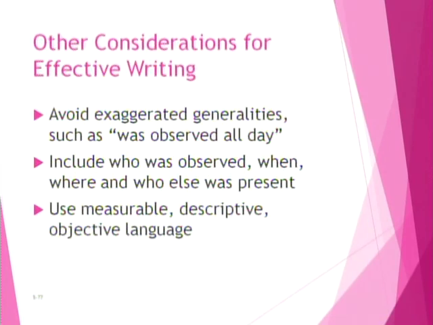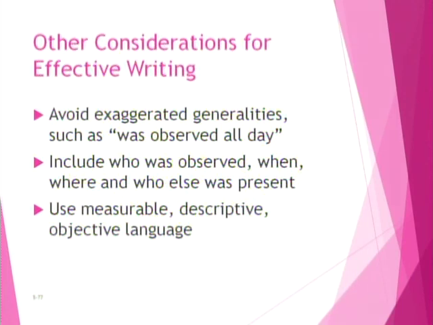We look at also in effective writing, avoid generalities such as "was observed all day." So we've got to have those specific times. I can remember sometimes we said that somebody was observed and it went through the lunch hour. I think one of the administrators said, well, I know you didn't observe her during lunch because y'all weren't here.